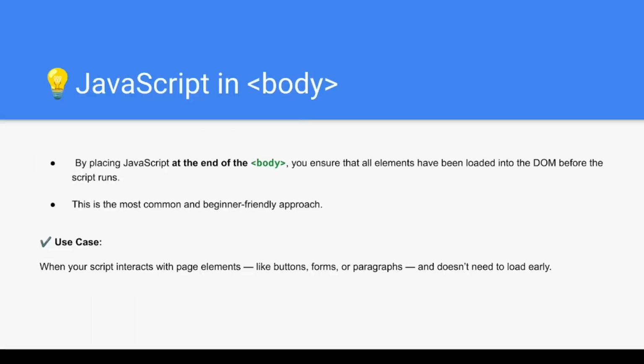And now let's see JavaScript in body. By placing JavaScript at the end of the body, you ensure that all the elements have loaded before the JavaScript runs. So basically, if we are placing the JavaScript script tag before the ending of the body tag, then this will load the DOM elements perfectly.